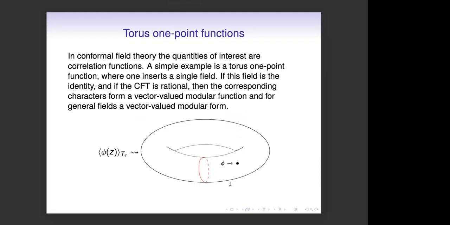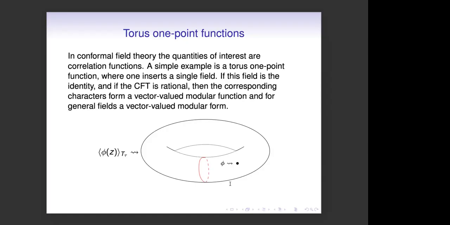The simplest example would be a one-point function, so just a field inserted at one point. In that case, the corresponding correlation function is independent of the insertion point, and you get just a quantity which the VOA people call a torus one-point function.